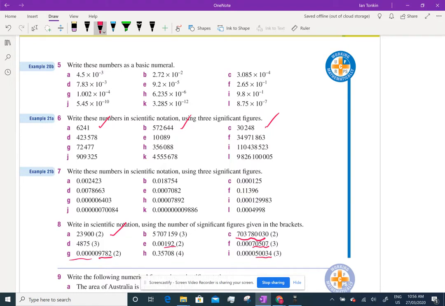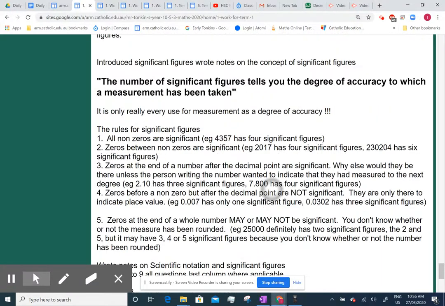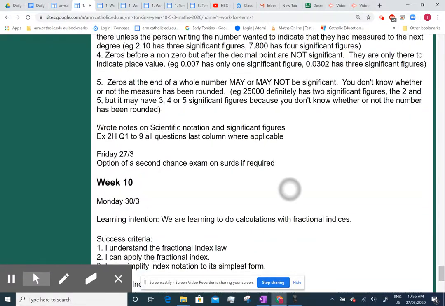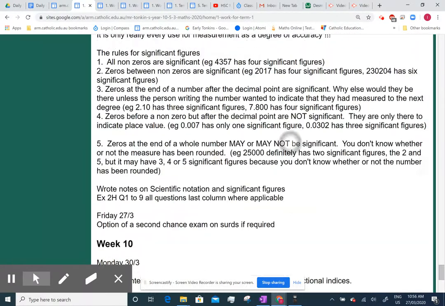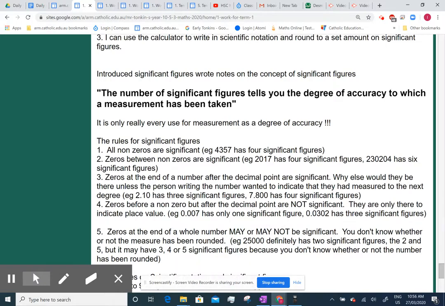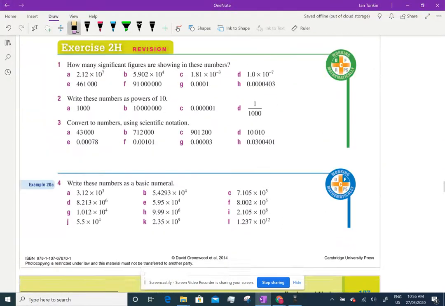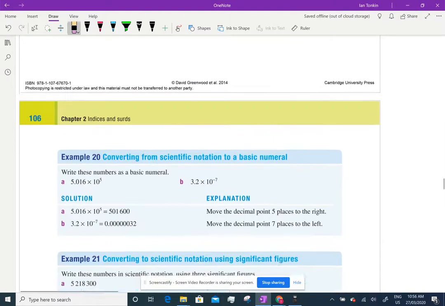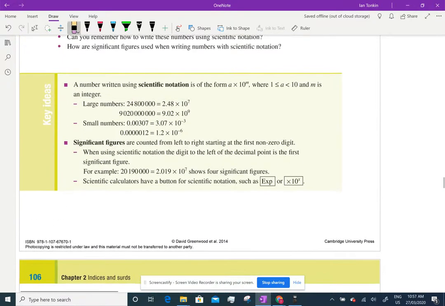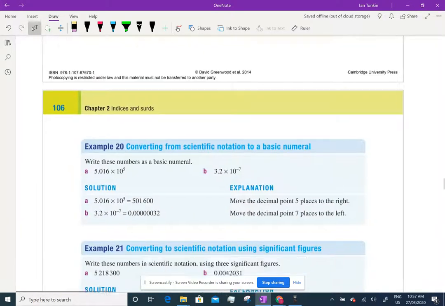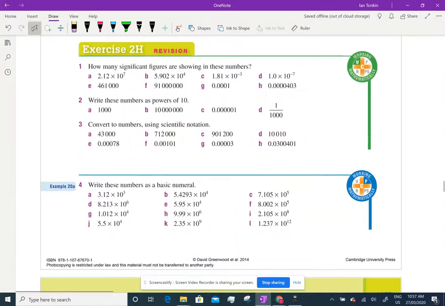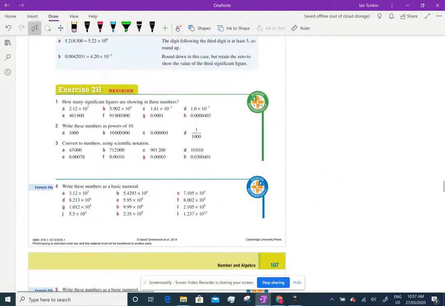Okay, so let's do a couple of these questions now we've done that. And remember, scientific notation, and you should write your notes from here. We did it last year, but scientific notation, to write in scientific notation. Okay, so I'm going to write a rule for this and you should be able to write your own rule.